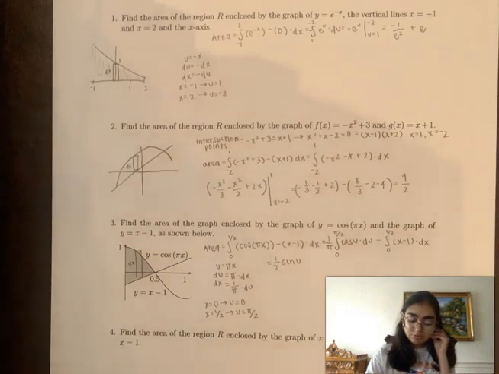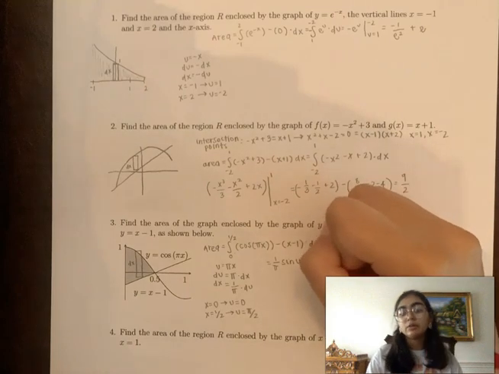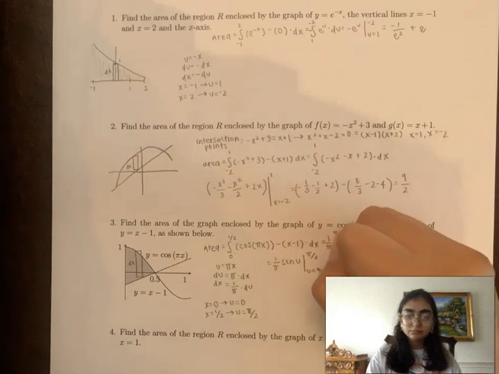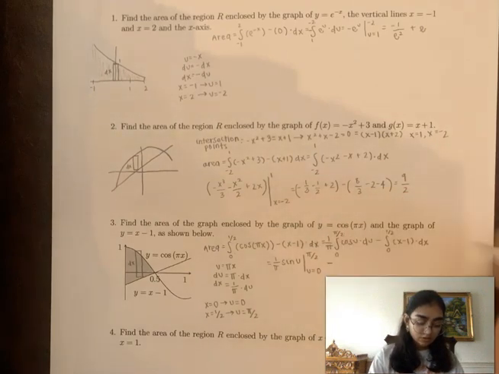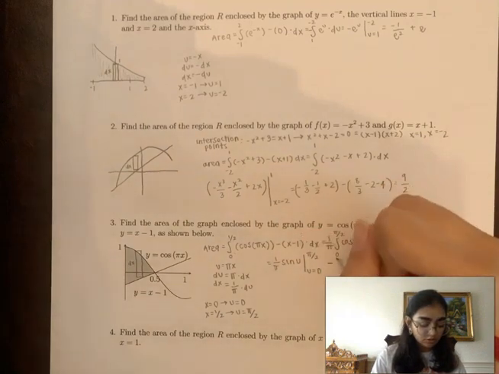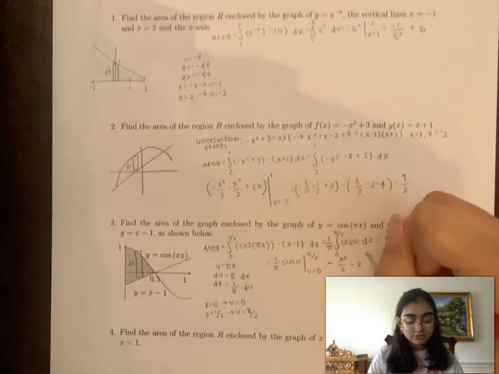And we know that we're going to plug in pi over 2 and 0 for u. Then we're going to take the antiderivative of the x minus 1 integral, which is going to give us negative x squared over 2 minus 2.